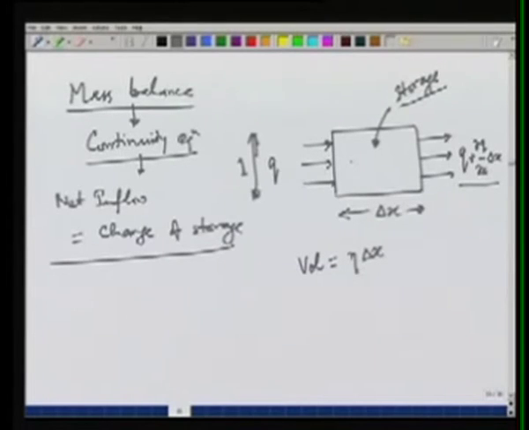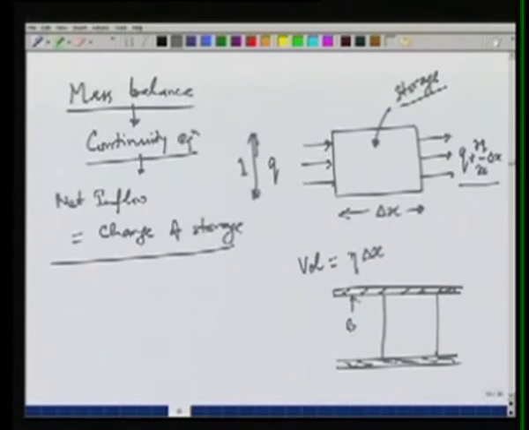So if we take this confined aquifer in which there is no change in the height, what we are looking at is a constant height b and a certain length delta x.